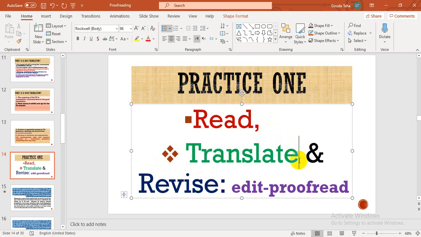And after you're done with your translation, you must go into the revision stage, which involves editing, looking at the big picture and comparing both the target and the source, and proofreading to look at the final version alone to make sure it is mistake free.